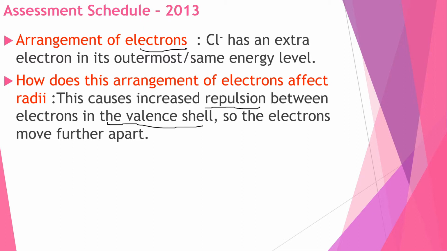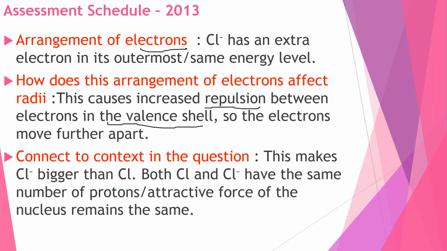So the electrons move further apart. Connected back to the question, this makes the chloride ion have a larger radius than the chlorine atom. Because chlorine and chloride have the same number of protons, the attractive forces of the nucleus remain the same.